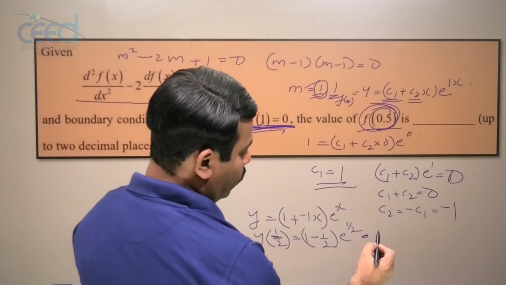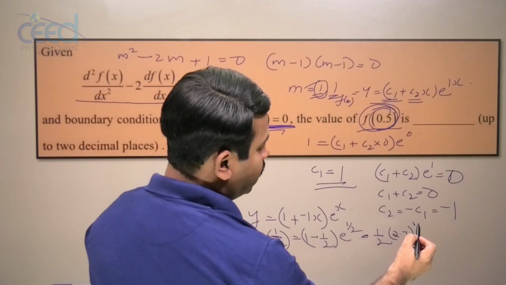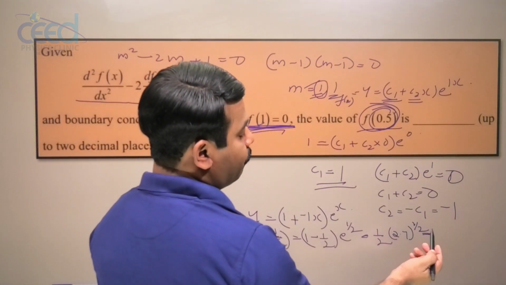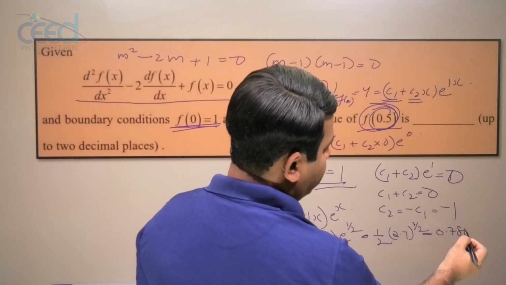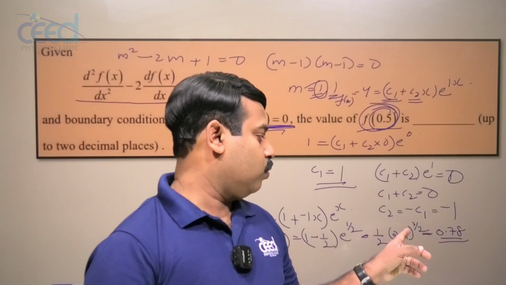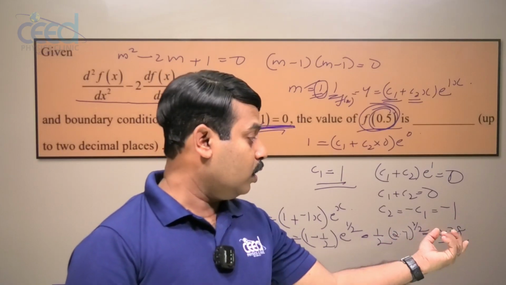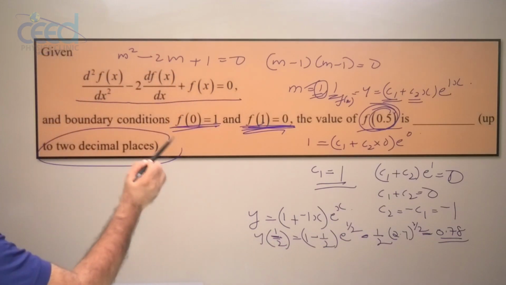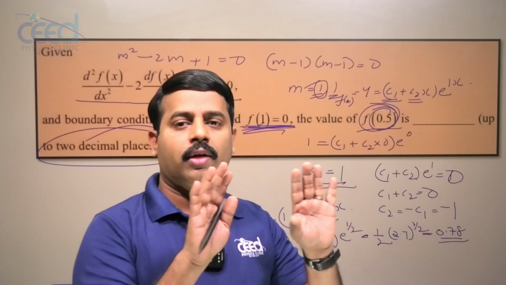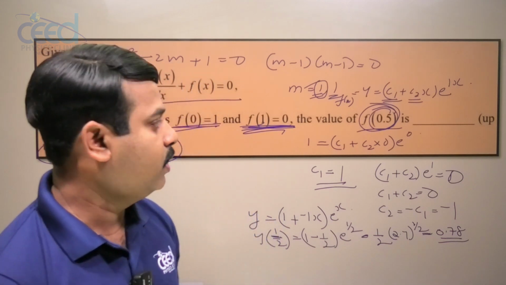Now e value is 2.7, so 2.7 raised to 1 by 2, that is root 2.7, is somewhat 1.4. 1.4 divided by 2 is some 0.7, so you get some 0.78. You have to find the answer to 2 decimal places. In the GATE examination a virtual calculator is available, so you can do it there, since it is a computer based exam.